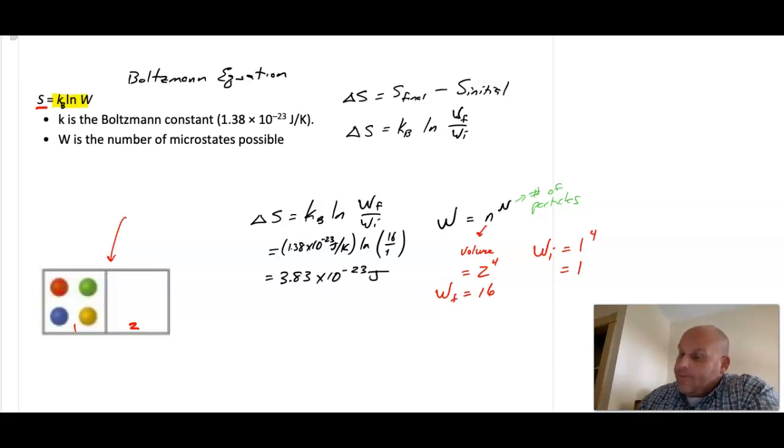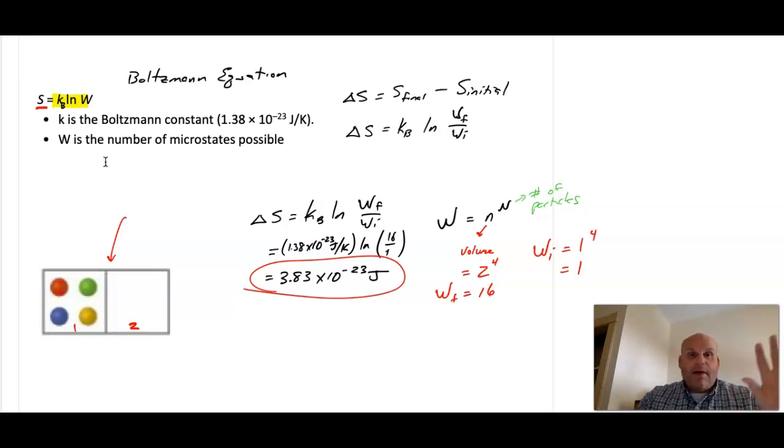If this is our answer, because that value is positive, we would say that we had an increase in entropy, which we clearly saw: as I doubled the amount of space possible, I got significantly more microstates possible, and so my entropy increased.